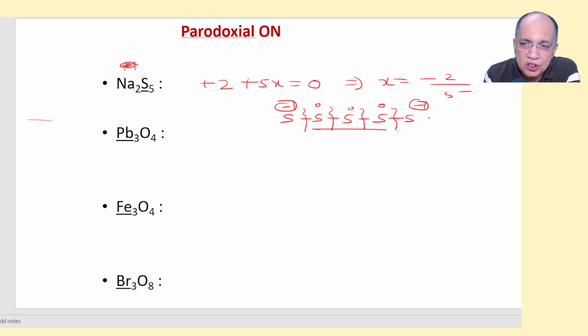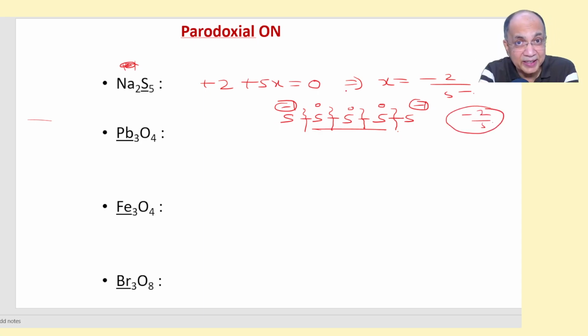They have got some electron from some outside source. It's already minus 1, this is already minus 1. So minus 2 shared by 5 atoms, so the average is coming minus 2 by 5. But really, the 3 internal sulfur atoms have oxidation number 0, and the terminal sulfur atoms have minus 1.